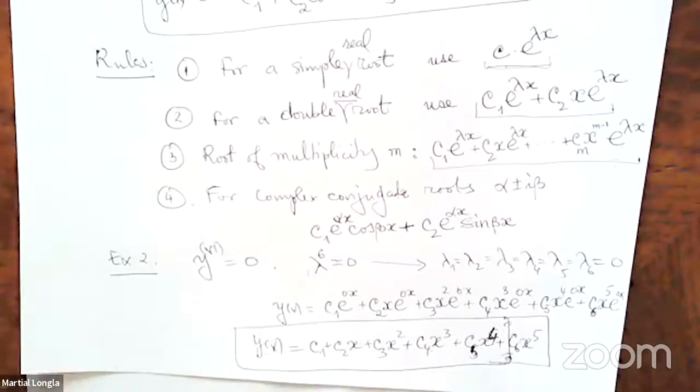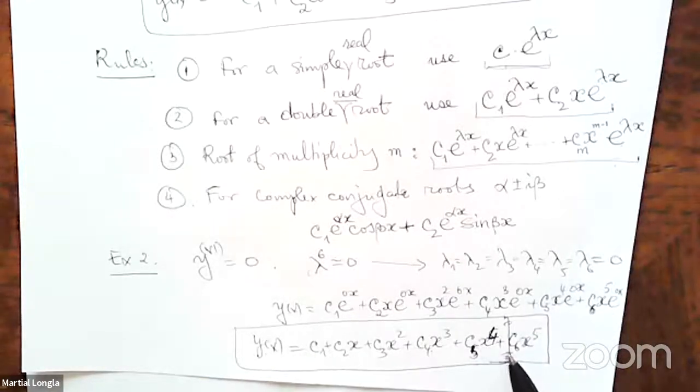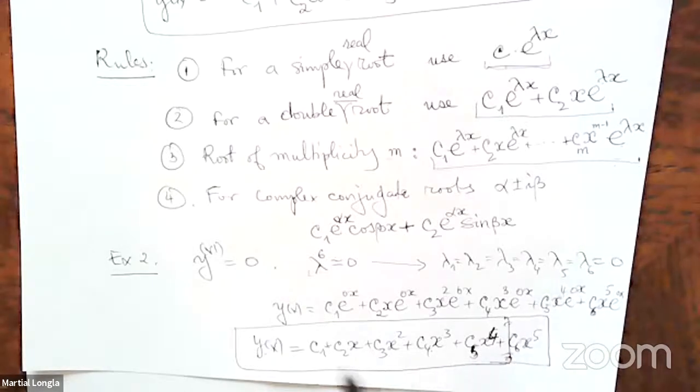Now, usually the mistake that we see from students is that you don't look carefully at what the answer is here, and when the time comes, you write c1 plus c2 plus c3 plus c4 plus c5 plus c6 as the answer. No powers of x.